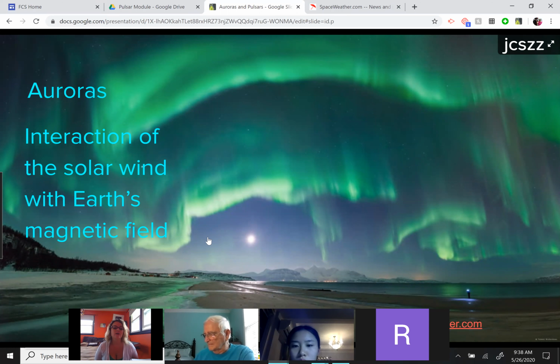Auroras are the interaction of what is called the solar wind with the Earth's magnetic field. If you go to Alaska, or Iceland, or even places near the South Pole of Earth and look in the sky, you will see these beautiful displays that are often greens and pinks and reds and sometimes blue.